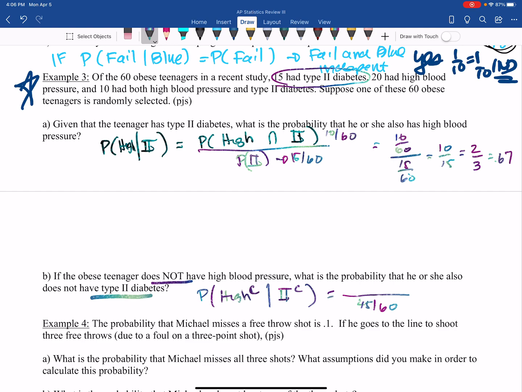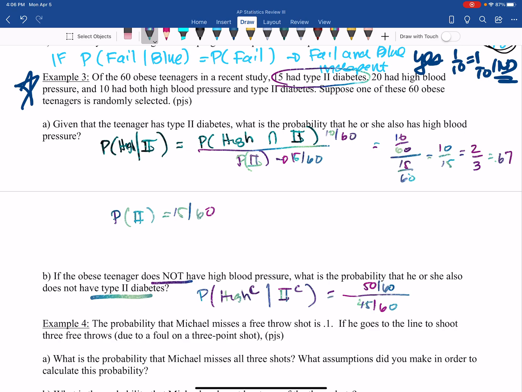Hold on. 15 do, but let's see how many don't. The probability that they have type 2 is 15 out of 60, but that's only type 2. And then the probability that they don't have high blood pressure is the opposite of that, which was 50 out of 60.